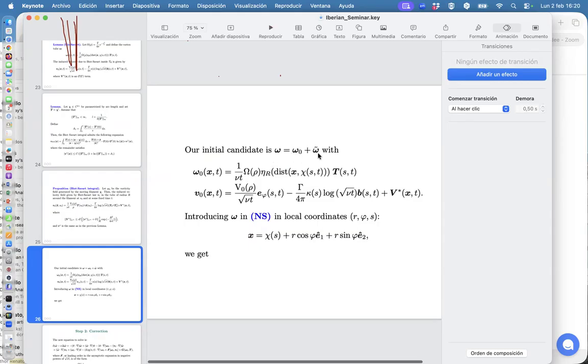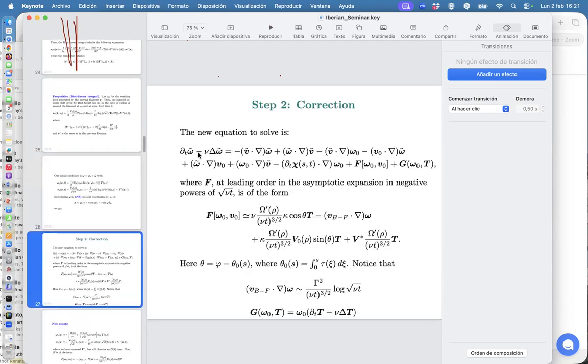All right, so now what we do is write the vorticity as our guess plus a correction, and given the guess, I know the vorticity. So this is the guess, and I know the corresponding velocity because of the proposition I have just written, and then I have to solve the Navier-Stokes equation. I'm going to write it as the heat flow plus small terms that appear as forcing terms.